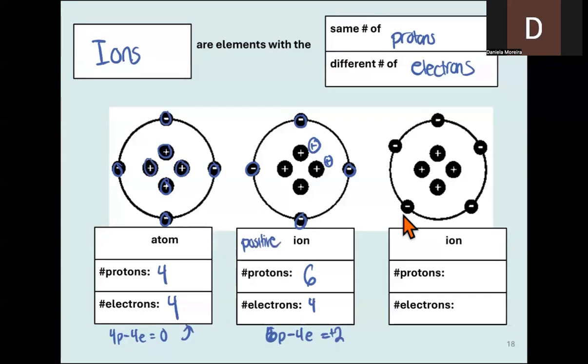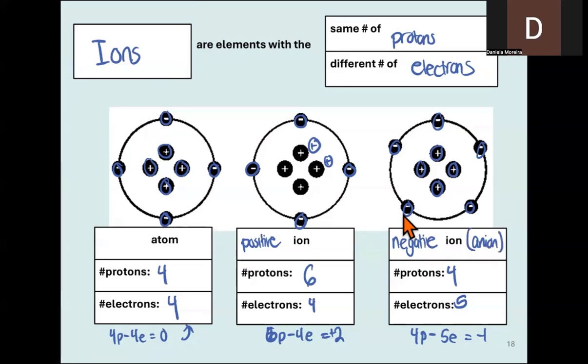We also have this example. We have 1, 2, 3, 4 protons and 1, 2, 3, 4, 5 electrons. And we can do a similar example for charge. 4p minus 5e is equal to negative 1 charge. So this is a negative ion, which we call an anion.